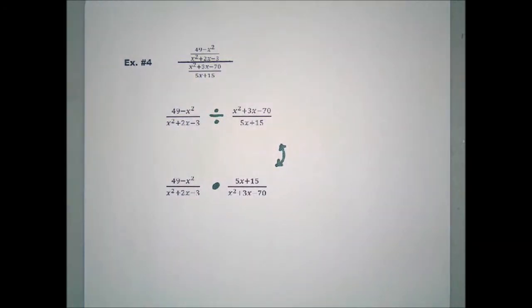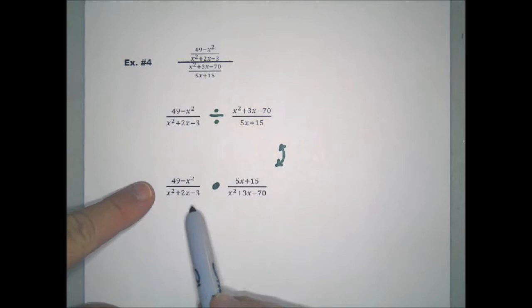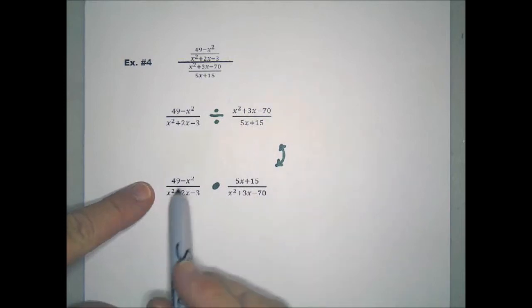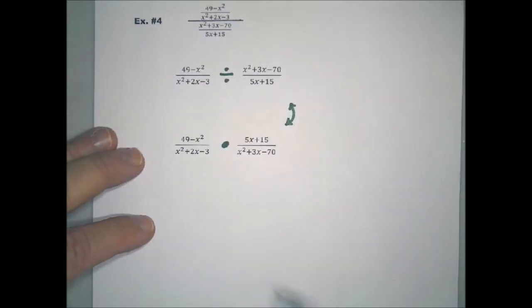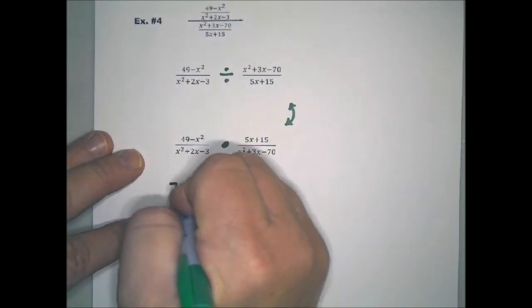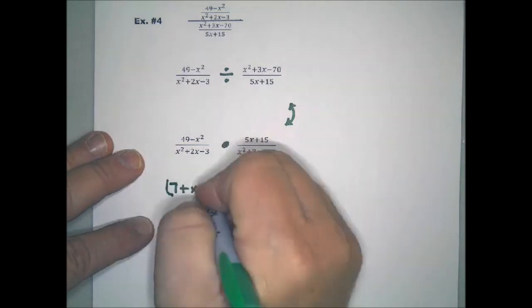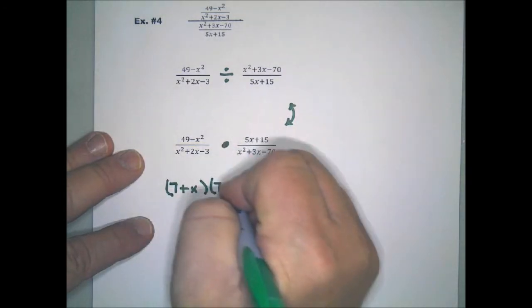Now, I have to factor every part of this, and then let's see where that takes us. 49 minus x squared is a difference of perfect squares, and that becomes 7 plus x times 7 minus x.